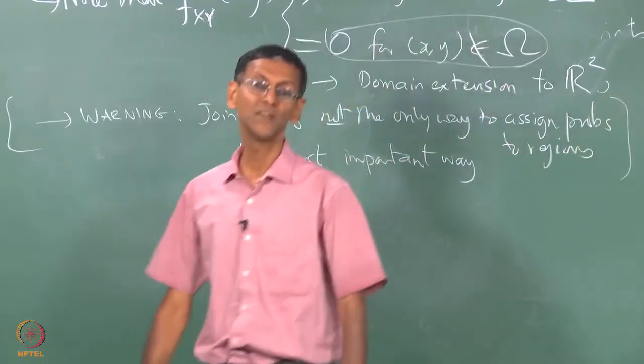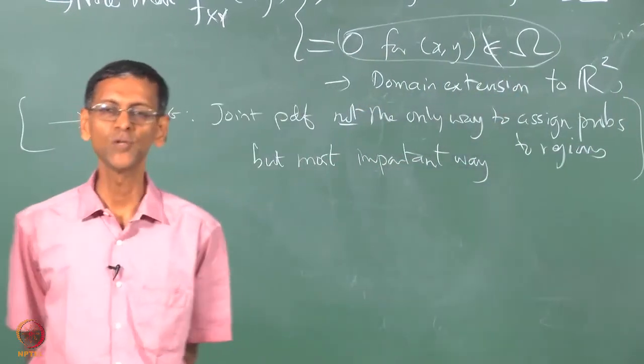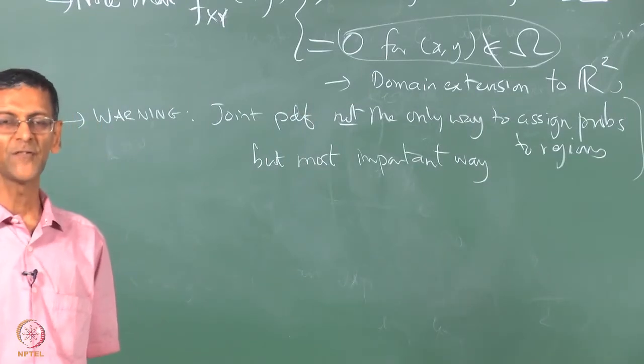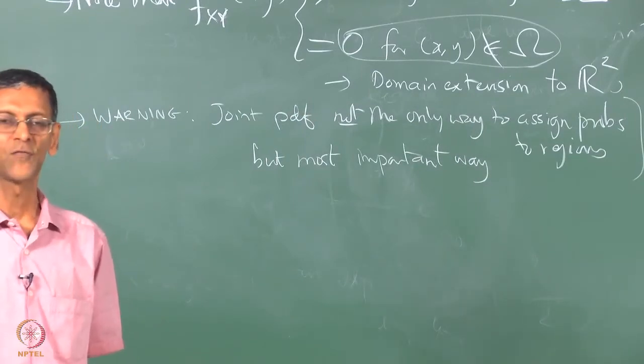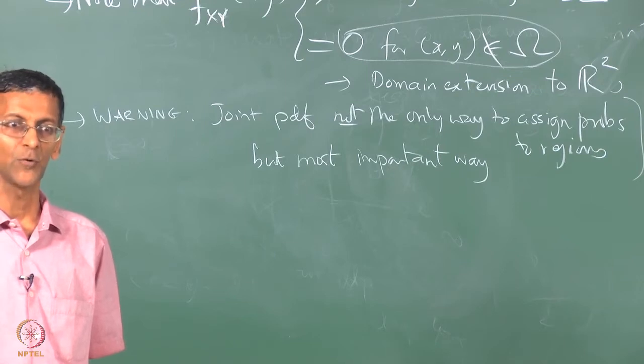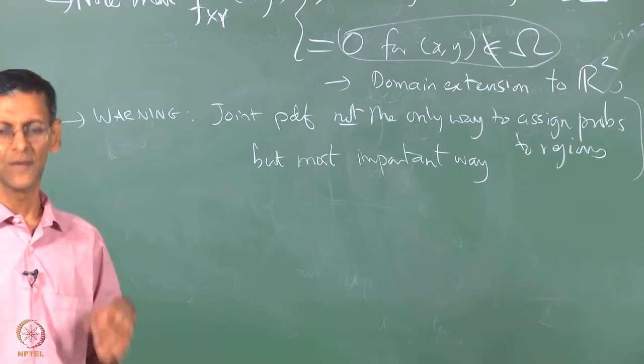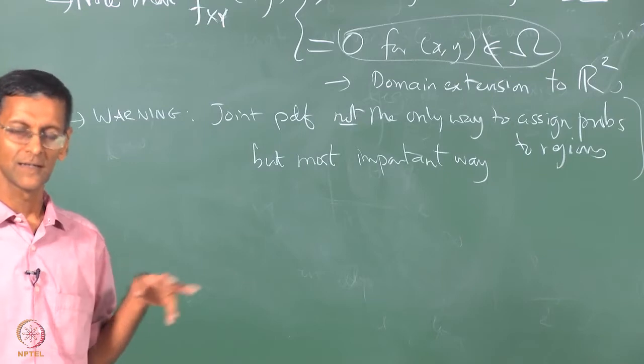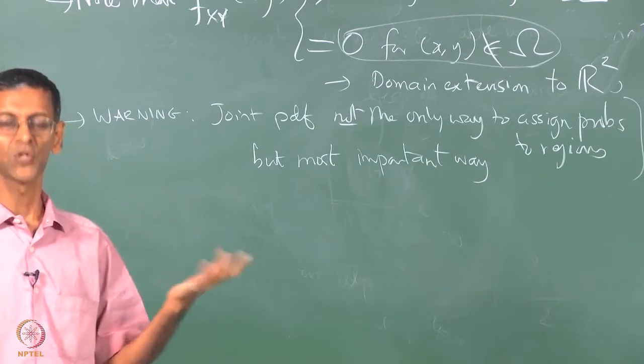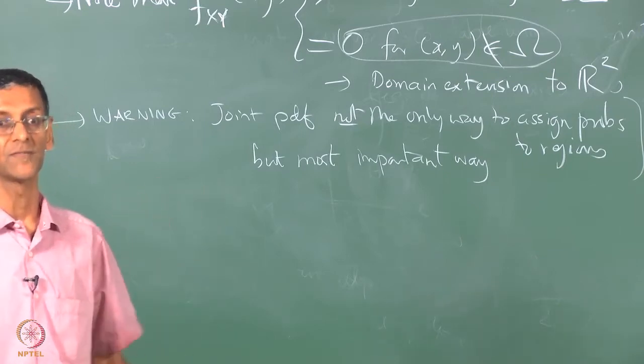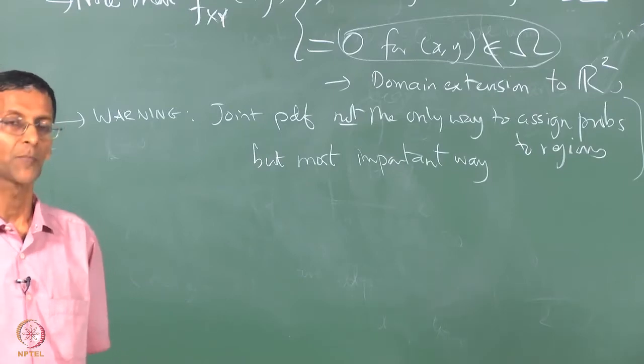So, what does this remind you of? It reminds you of the PDF and the CDF conflict that we had with the single random variable. Do you use a CDF to assign probabilities? Well, you can do that, but in general it turns out to be not as important as starting with a PDF from an engineering point of view.